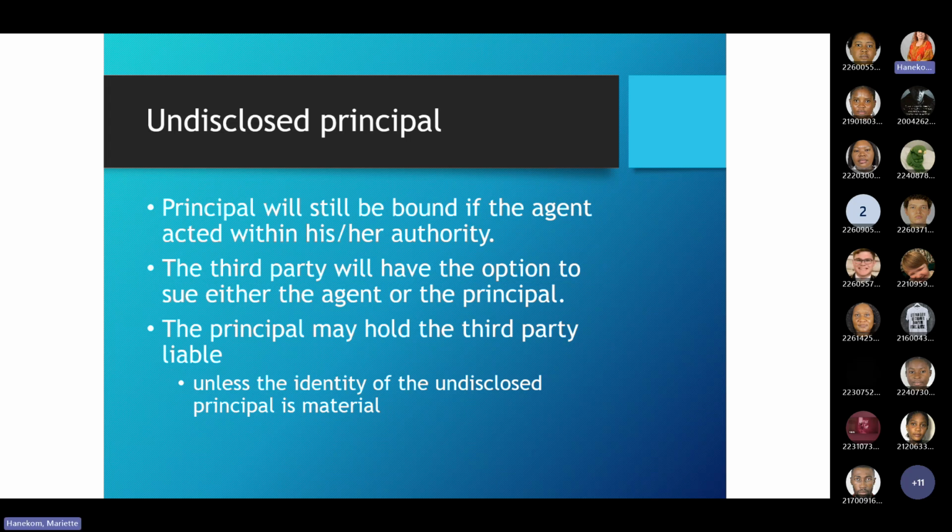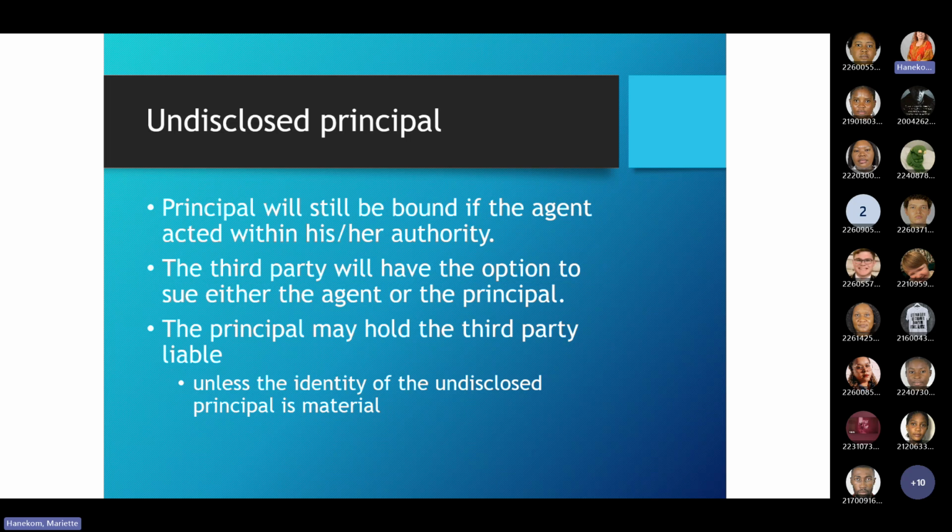If the agent did not inform the third party that they are not acting on their own behalf, that they are representing somebody else, the principal will still be bound if, firstly, there was authority and the agent acted within the ambit, the limits of his or her authority.